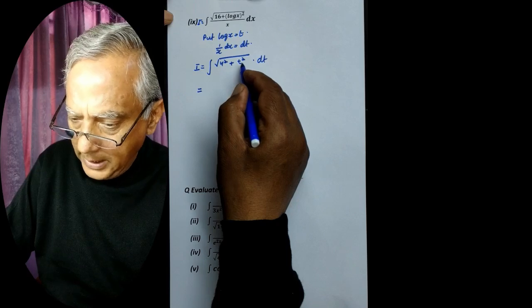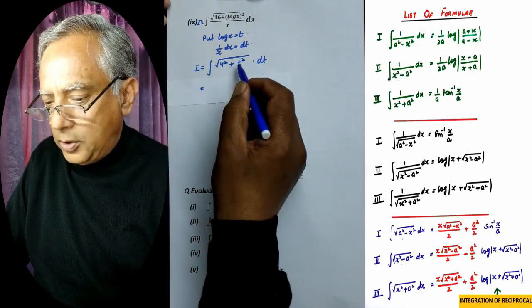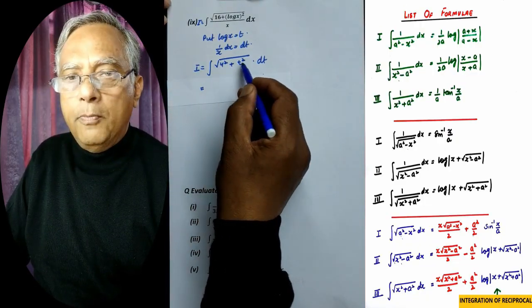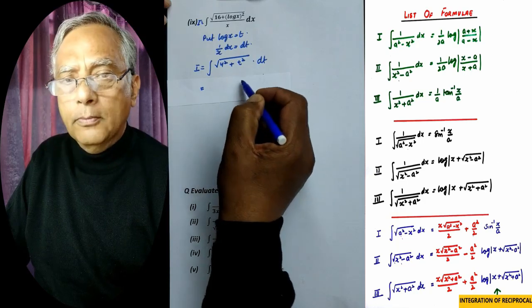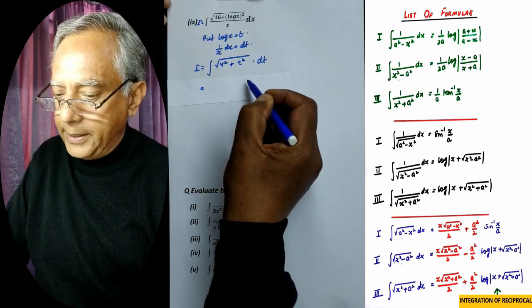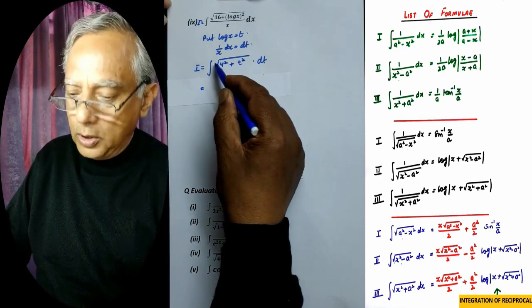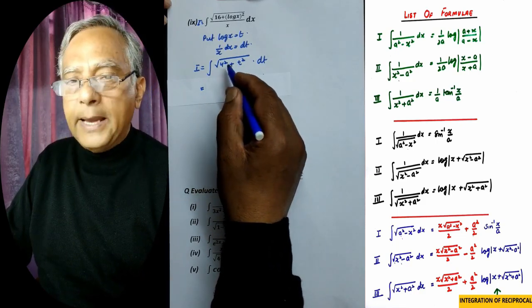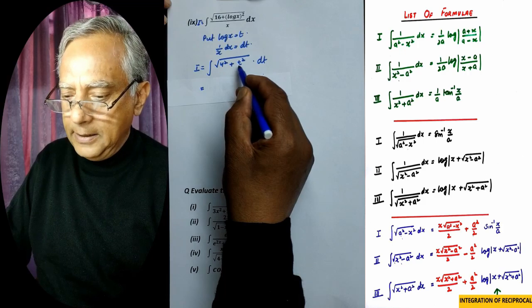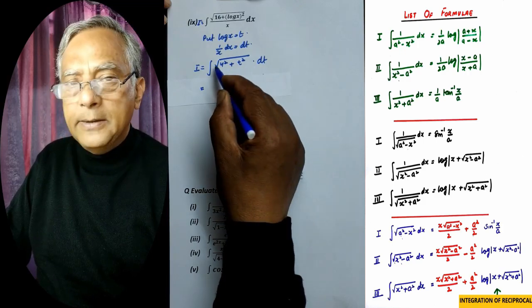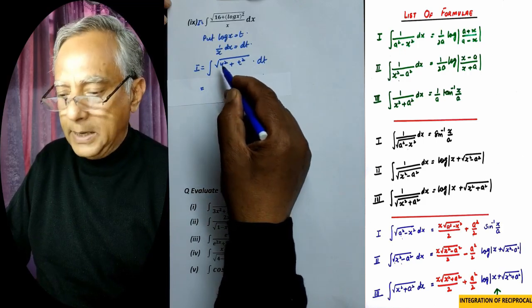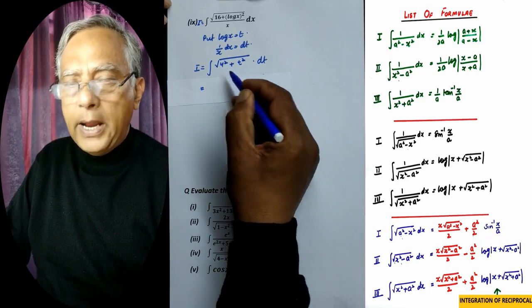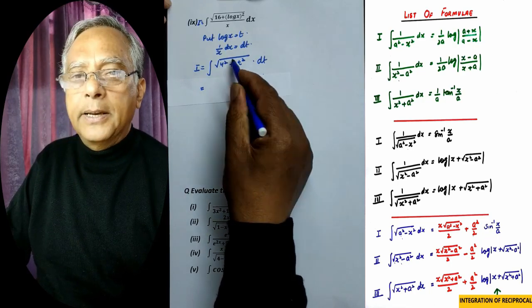The formula for under root a square plus x square dx is x into this by 2, plus a square by 2 and integration of its reciprocal.